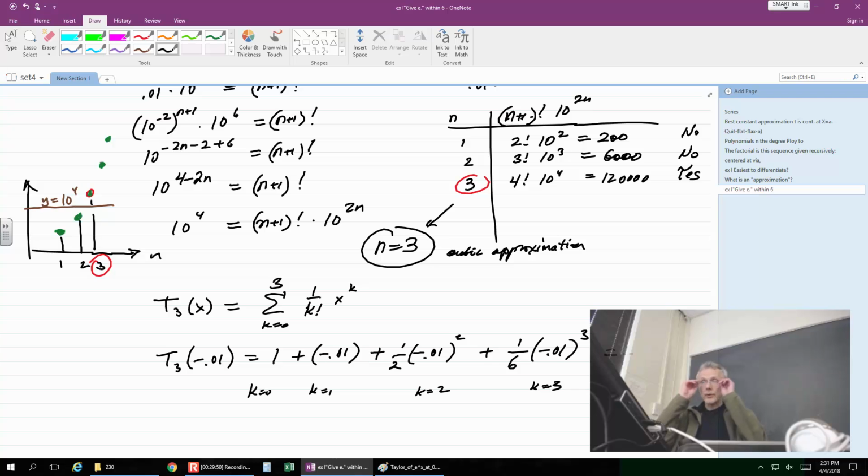It turns out that the cubic, third degree Taylor polynomial is good enough. So this is the answer.